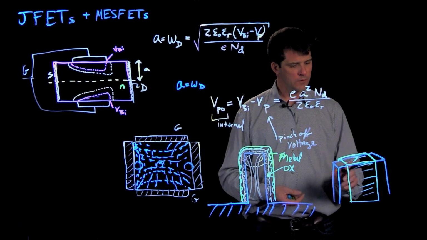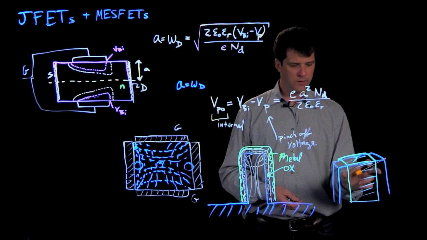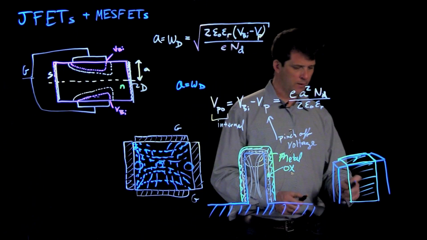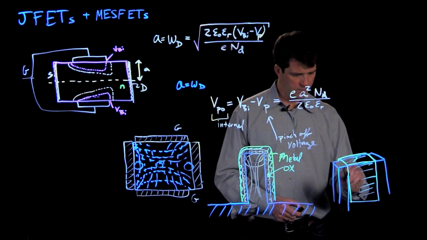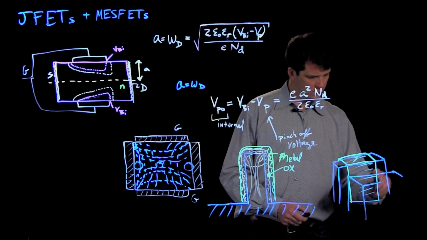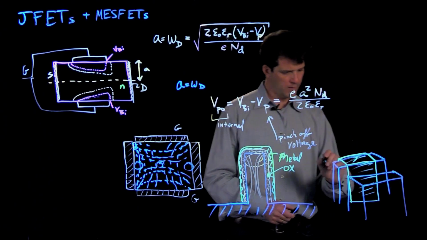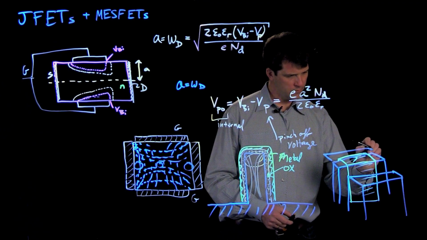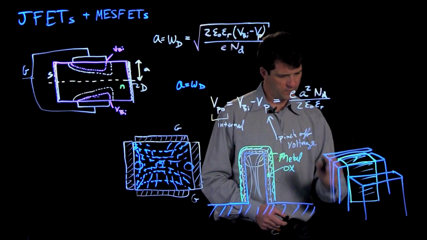And instead of just using a single fin, what they've done is parallelize three fins next to each other in order to increase the current carrying capacity, and called this the tri-gate structure.